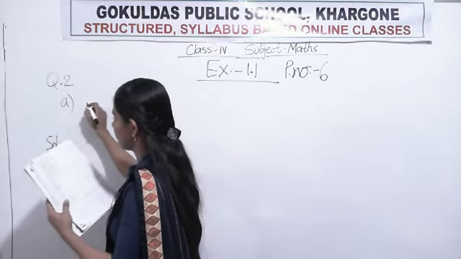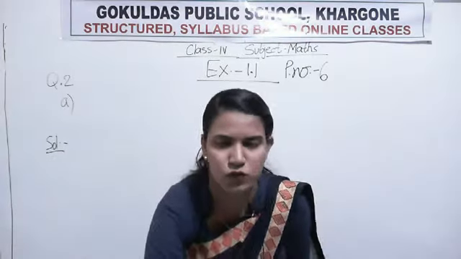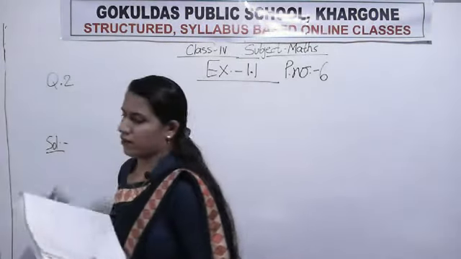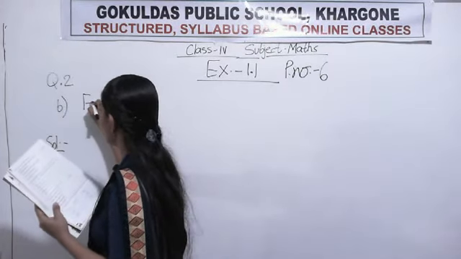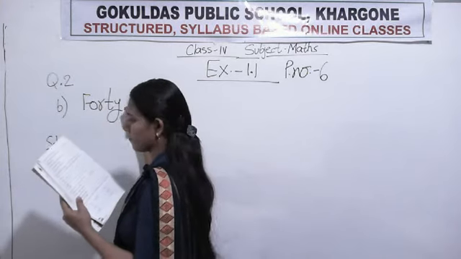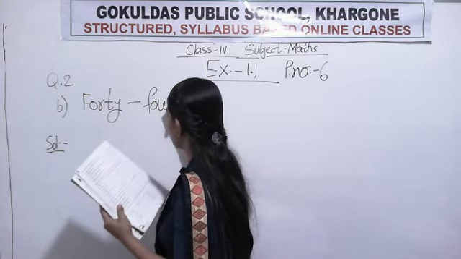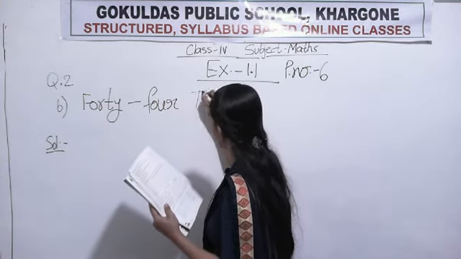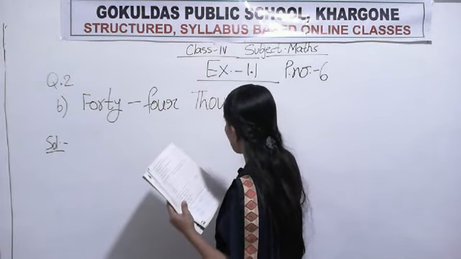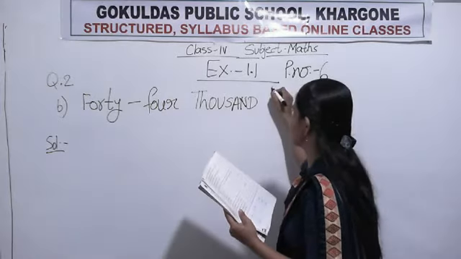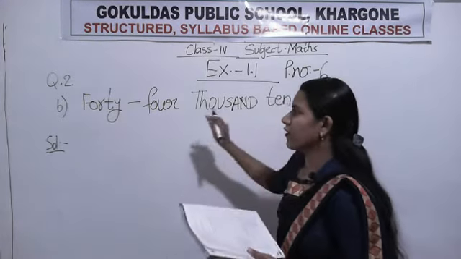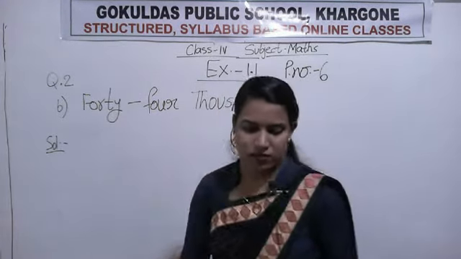A is already done for you, so I am doing B. B is 44,010. Okay, 44,010 is given.